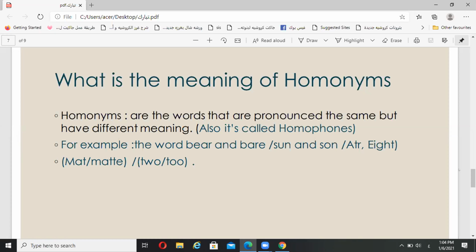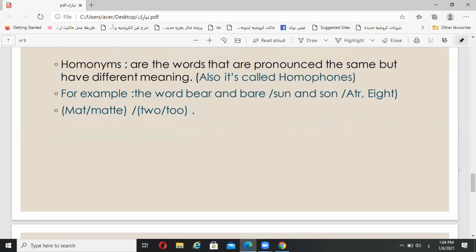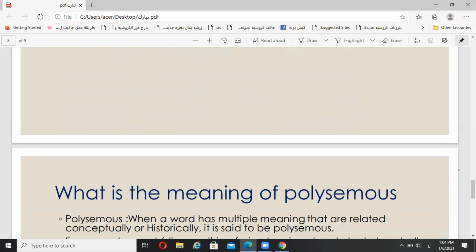Excellent. The third one is homonyms. Homonyms are words that are pronounced the same but have a difference in meaning. So when we say son and sun, you know that sun is Shams, son is Ibn. It's the same pronunciation, but a difference in the meaning.